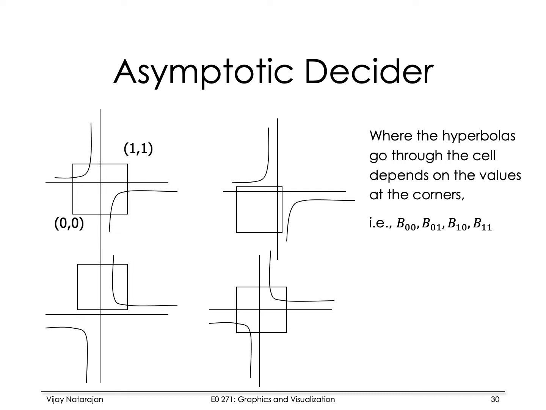Now, what exactly is this origin? The origin is given by the asymptote of this hyperbola, which is obtained by looking at the saddle value.